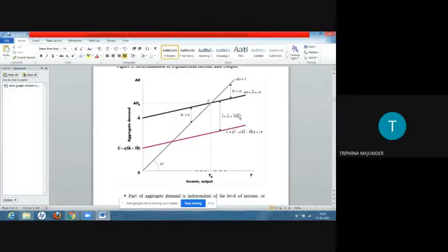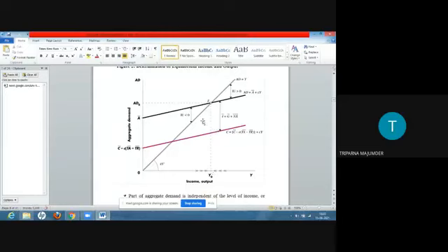That means that this vertical distance between consumption and this aggregate demand is just I. So our equation becomes Y is equal to C plus I, and we know that the only two things that can be done with income is to either consume or save.